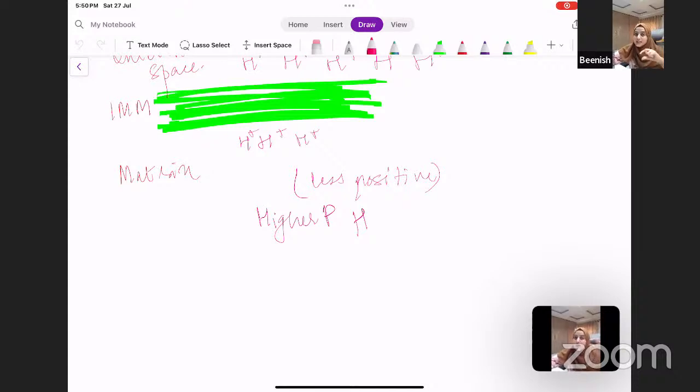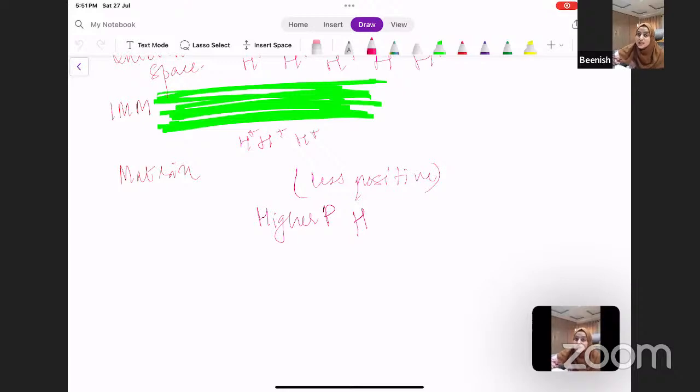Now as the protons move through the F naught, what happens? Rotation is going to take place. The movement of protons through F naught imparts rotation to the rotor, that is, to the gamma subunit and the C proteins. So as the protons move through the F naught, rotation takes place in the gamma subunit along with the C proteins of the F naught, and because of this rotation, what is going to happen?